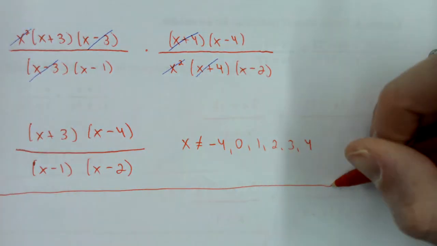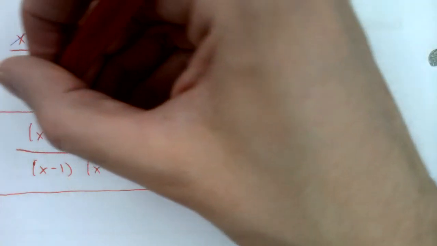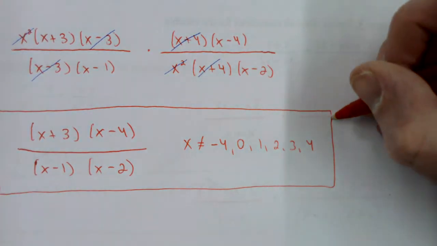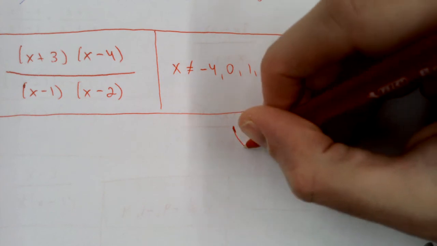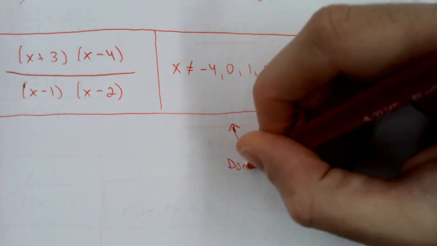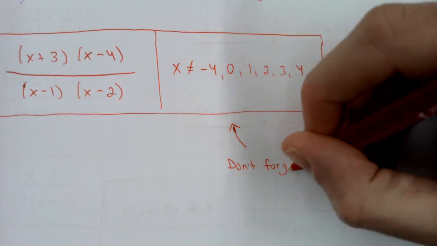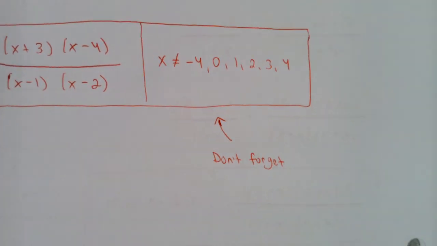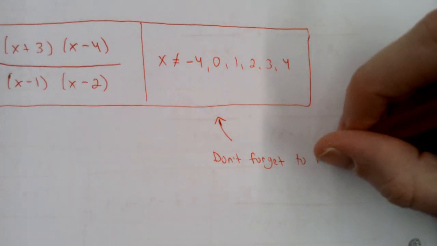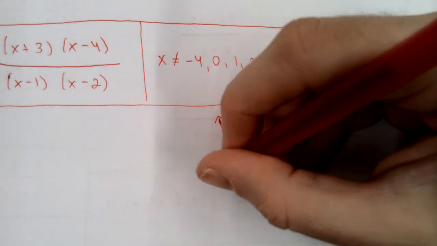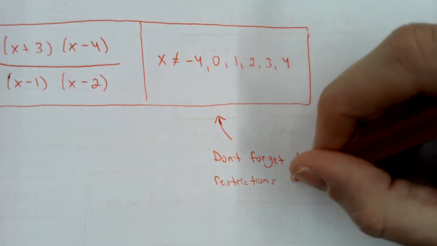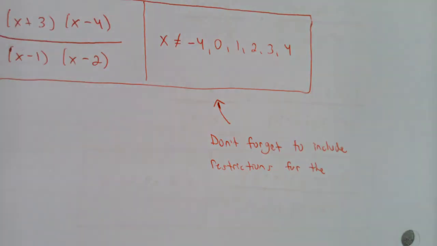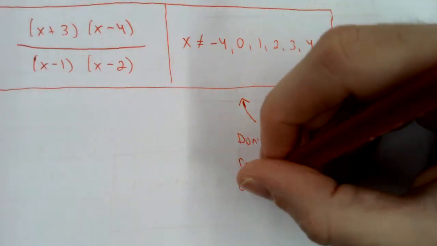I'm just going to jot down one more note because this problem is a little tricky. So don't forget to include restrictions for the original denominator also.